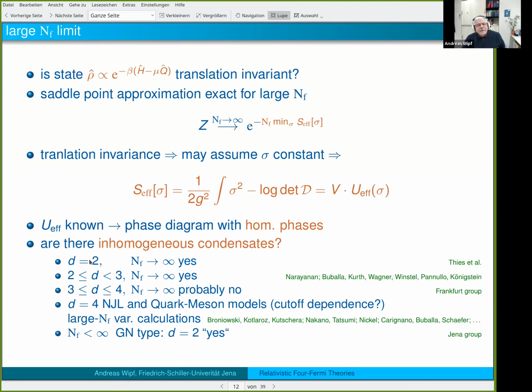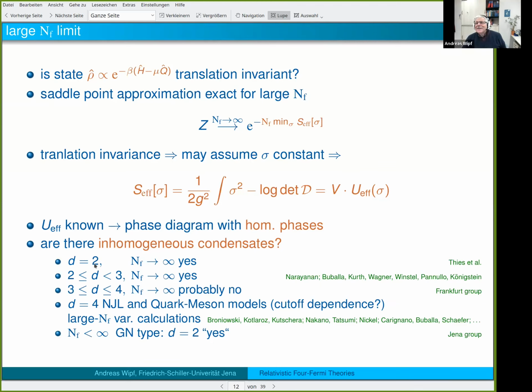Are all these inhomogeneous phases artifacts of the NF going to infinity limit? For example, if you take not the Gross-Neveu model, but a related model which has a U(1) symmetry, the chiral Gross-Neveu model, at large NF you also get an inhomogeneous phase, but we know it cannot be because of Mermin-Wagner, right?